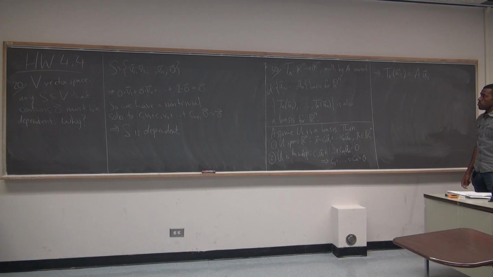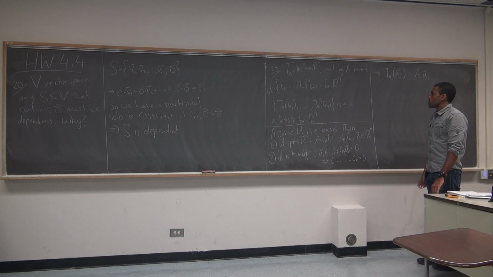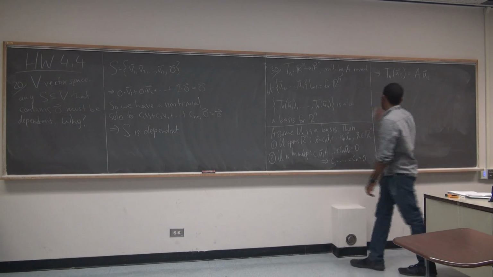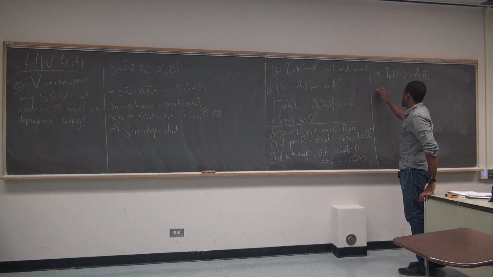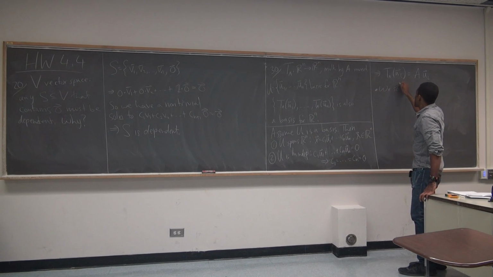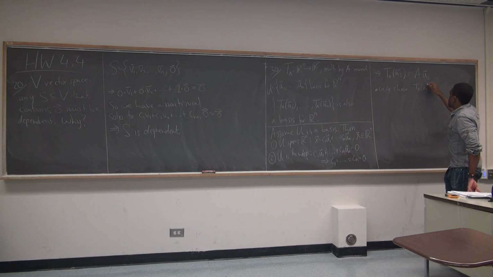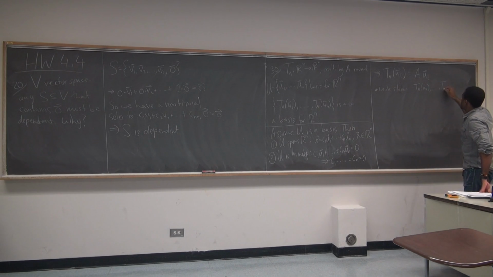We take T_A of c1u1 plus cnun equals T_A of 0. So for the second, the linearly independent one, we apply T_A to both sides. Oh, you're using two. Okay, so first we show T_A(u1)... is linearly independent.